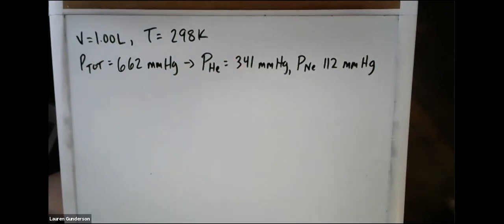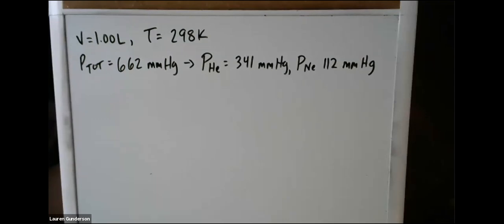Okay, so now we're going to think about how to approach this problem. The best way to start is by asking yourself, what is the question looking for? Here the question is looking for the mass of the argon that's present in the mixture.